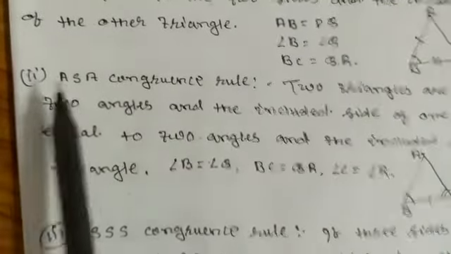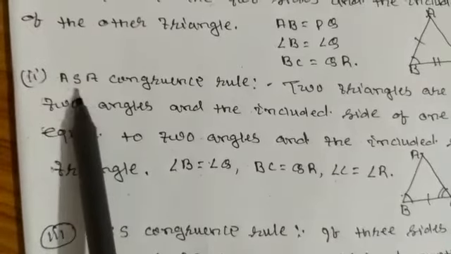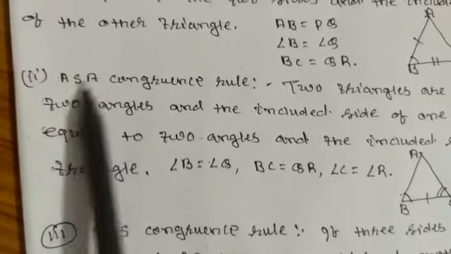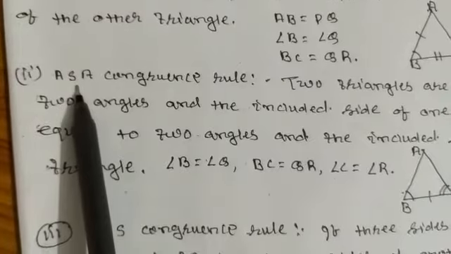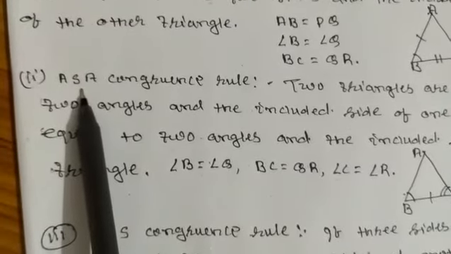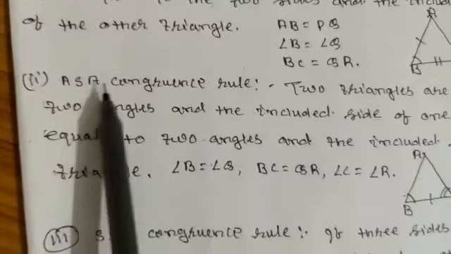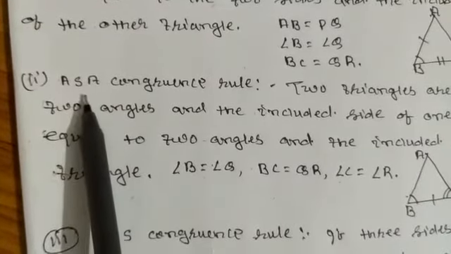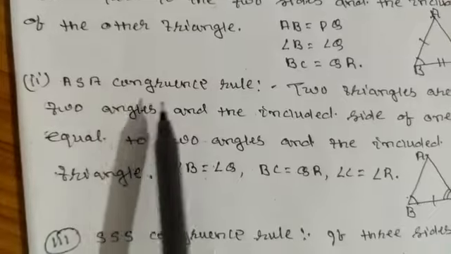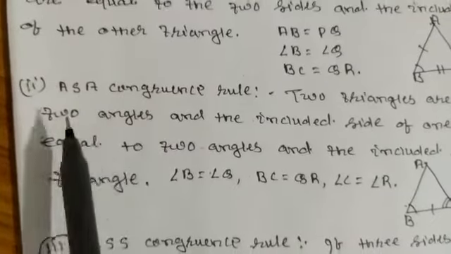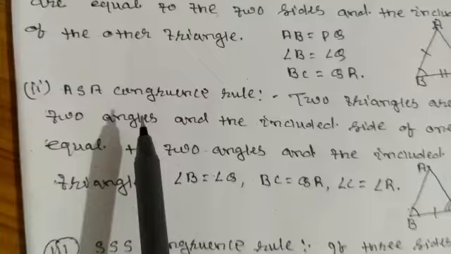Here you can see that the side is between two angles. So if two angles and one included side of one triangle are equal to the two angles and one included side of the other triangle, then the two triangles are said to be congruent by the ASA condition.